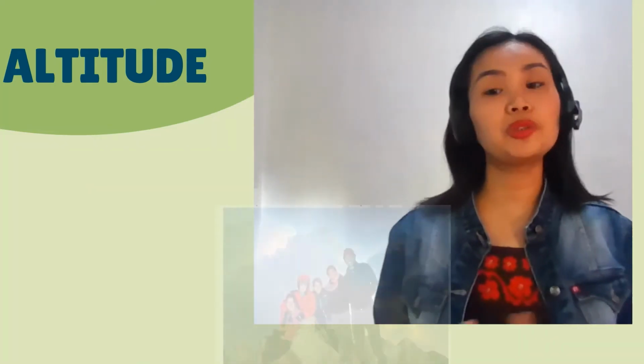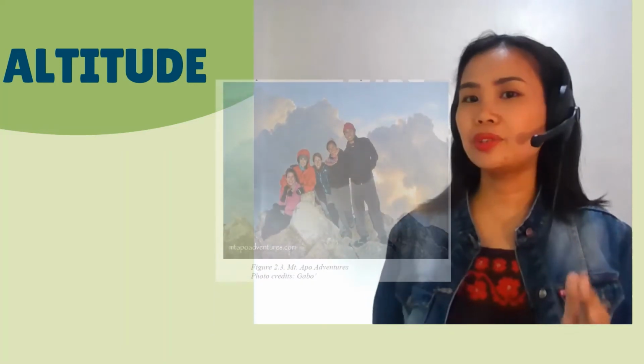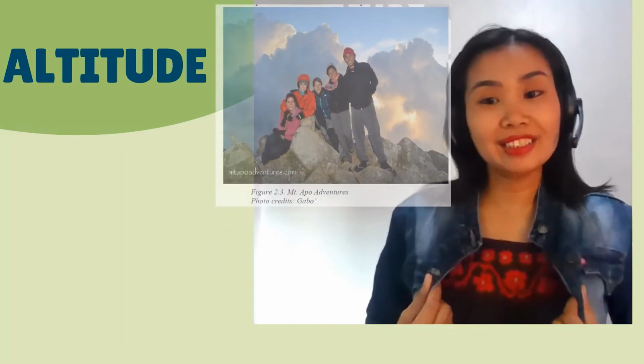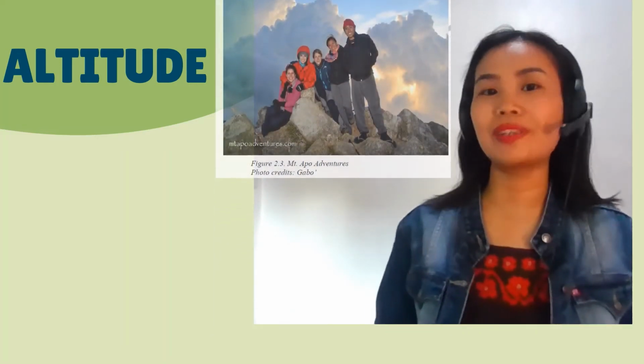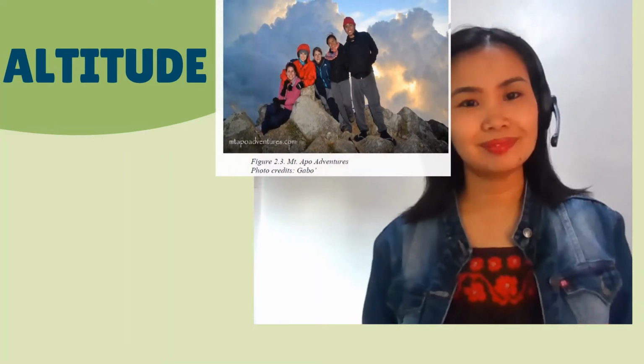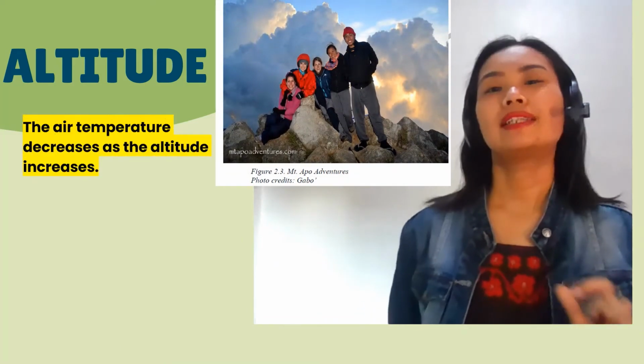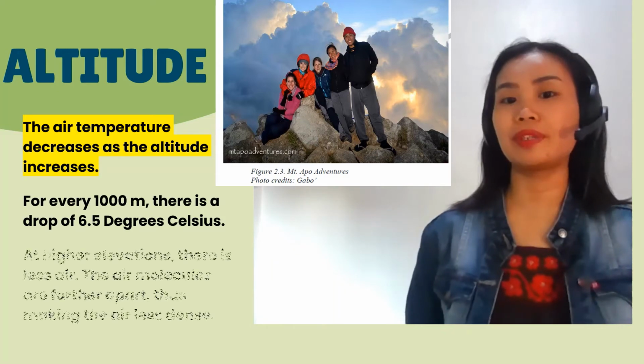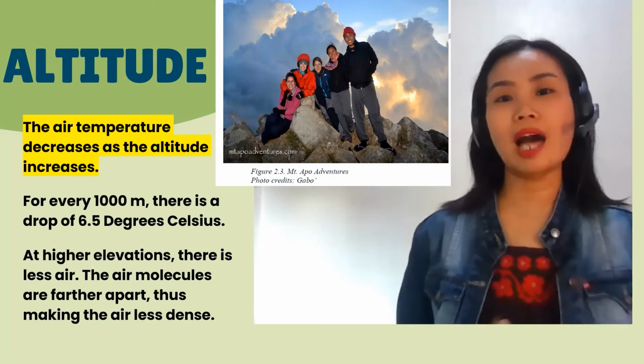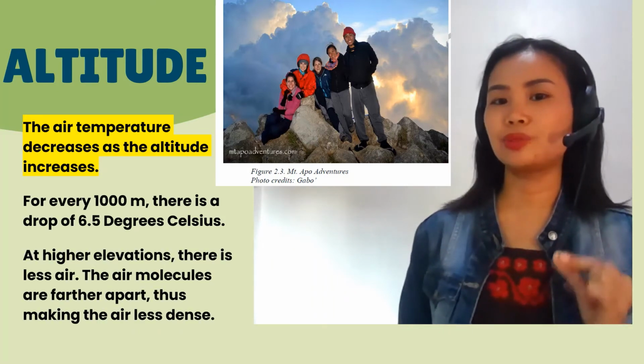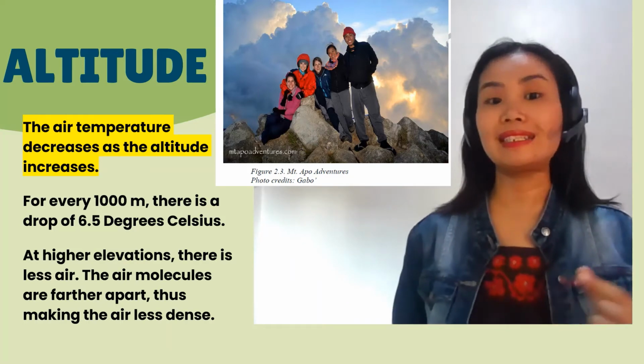See figure 2.3. Why do mountain climbers wear jackets and thick clothes when they go up the mountain? The air temperature decreases as the altitude increases. For every 1,000 meters, there is a drop of 6.5 degrees Celsius.